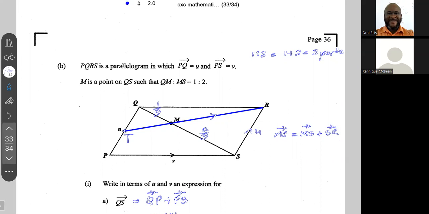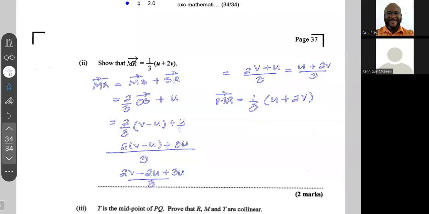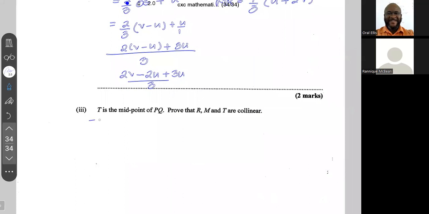So I found MR already. I now need to find TM. TM is TQ plus QM.